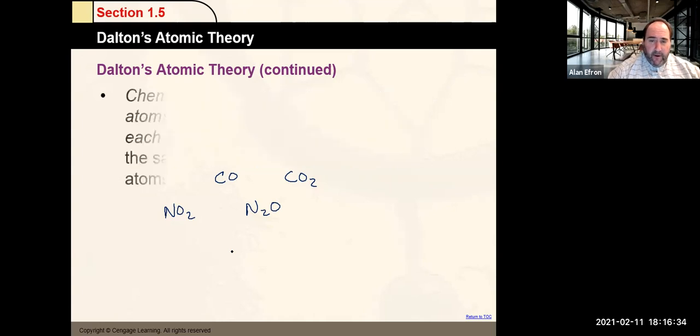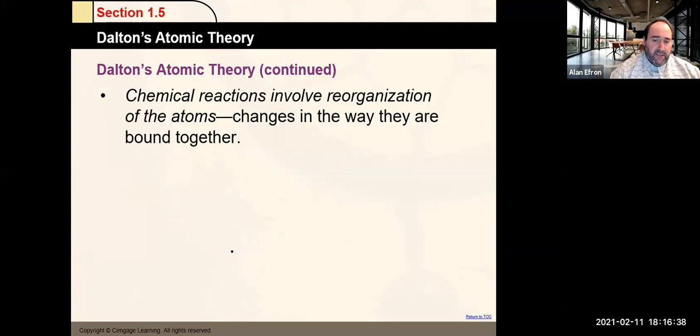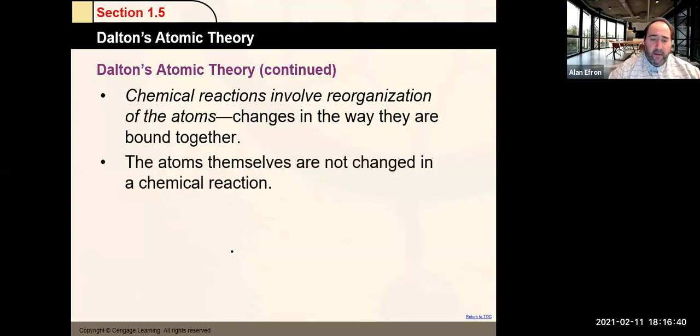The last part of his atomic theory was that chemical reactions, as we also touched upon, involve only the breaking and rearranging of bonds. Again, we don't lose any elements along the way in a chemical reaction. Whatever we started with, in terms of elements, is what we'll end with. Atoms themselves are not changed in a chemical reaction.